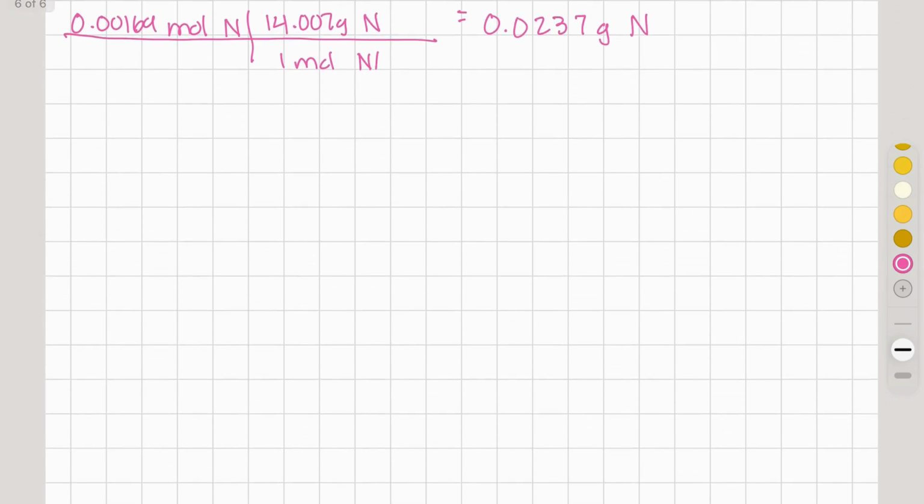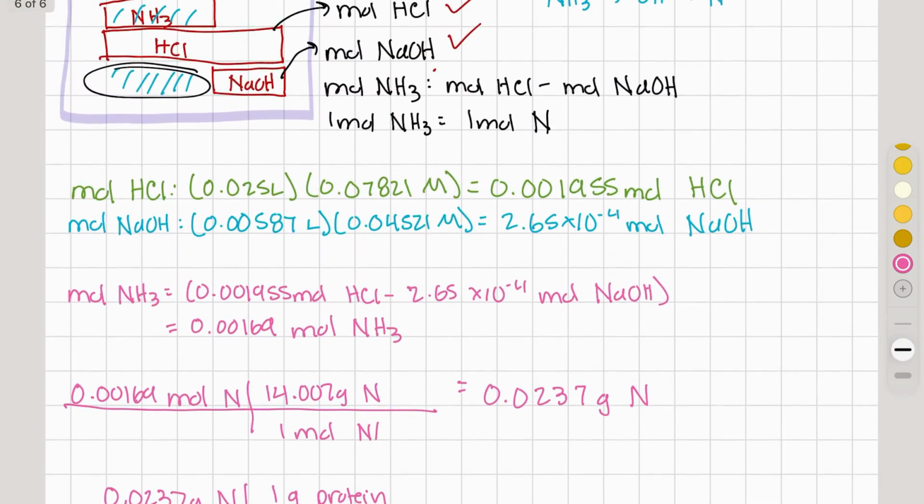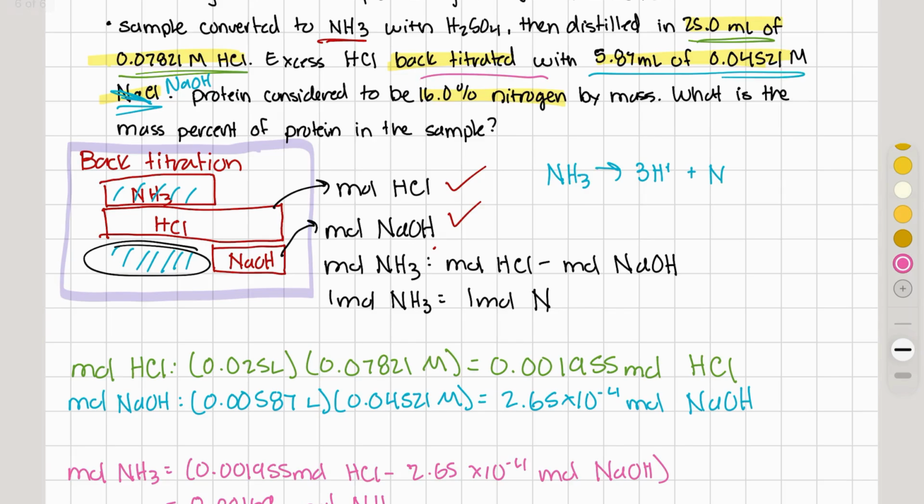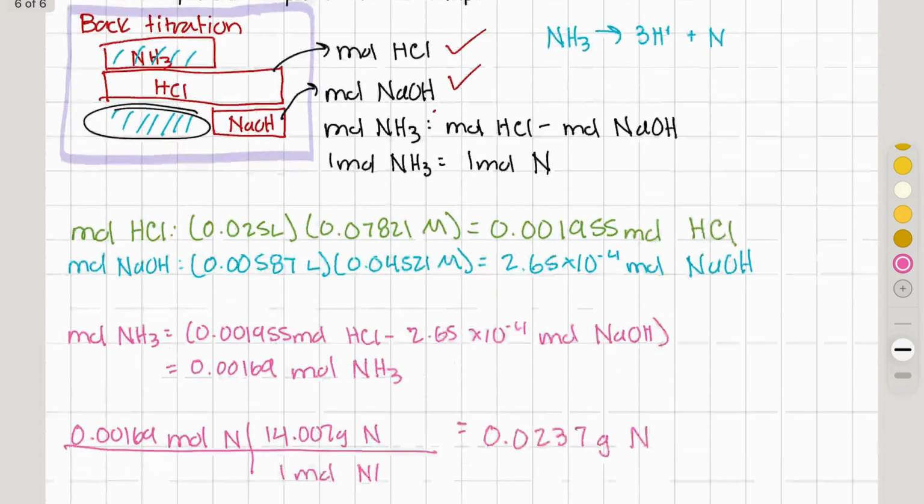And there's a few ways you can do this. You can set this up as a dimensional analysis. So if I have 0.0237 grams of nitrogen, I know that 0.16 grams of nitrogen give me 1 gram of protein. That comes from this 16% by nitrogen.